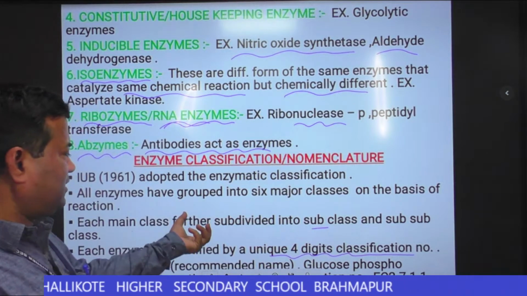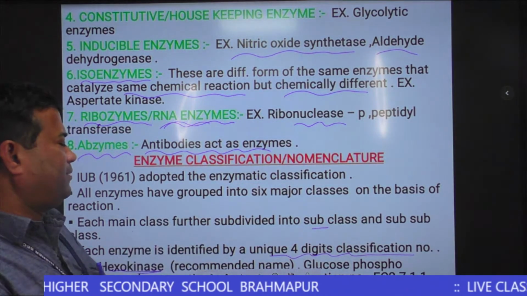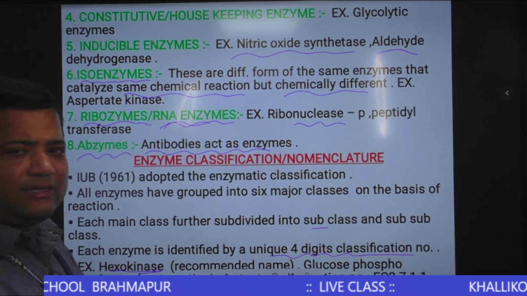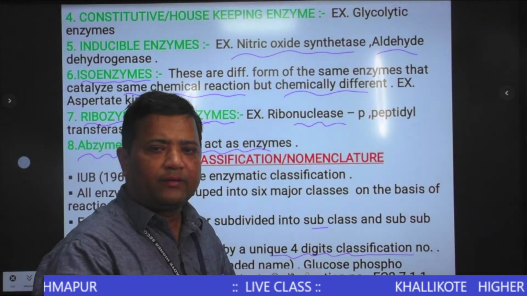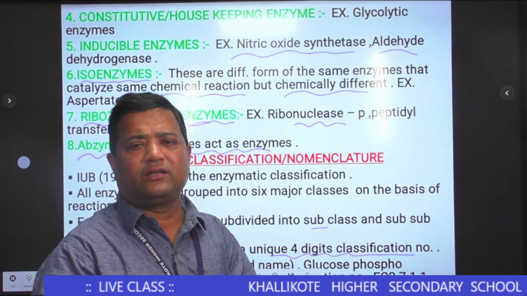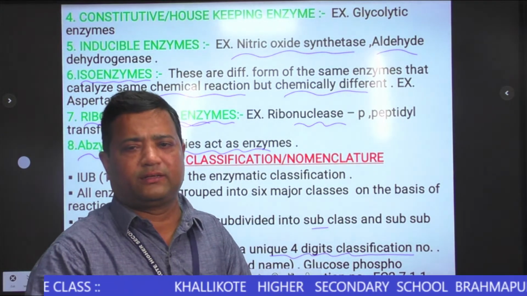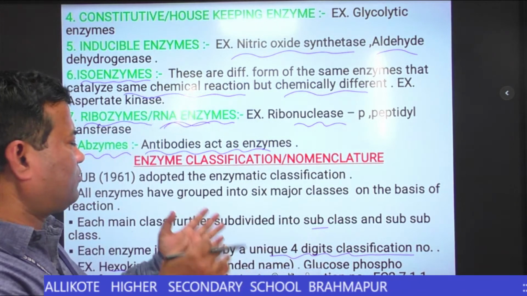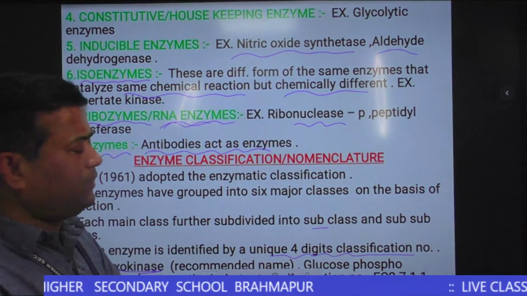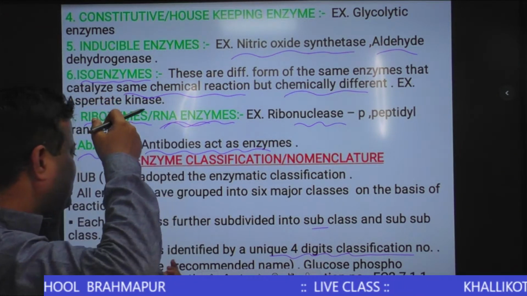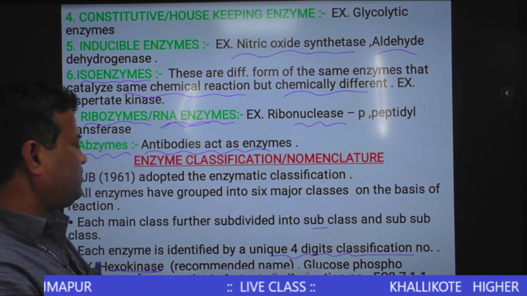Hexokinase helps when a glucose molecule reacts with ATP, resulting in the formation of glucose 6-phosphate. Hexokinase is responsible for conversion of glucose to glucose 6-phosphate.